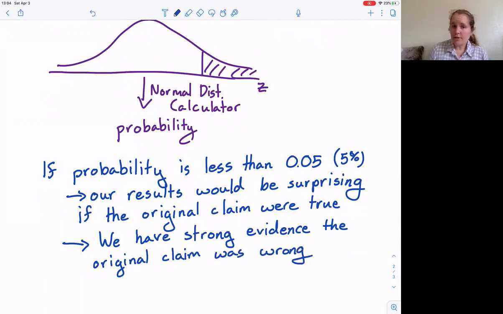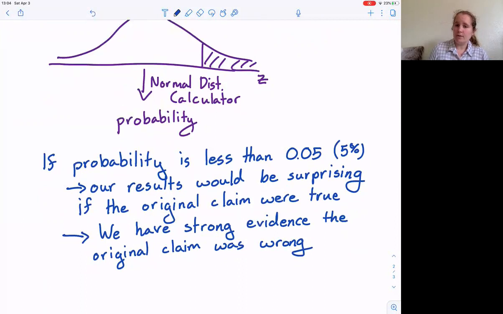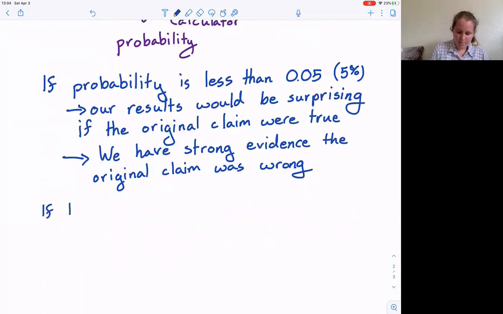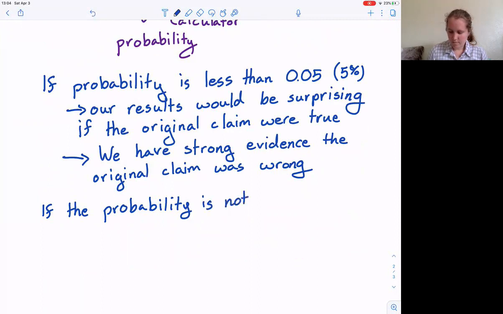On the other hand, if the probability is not less than 0.05, or again, 5%, then we have insufficient evidence, or we do not have enough evidence to toss out the original claim.